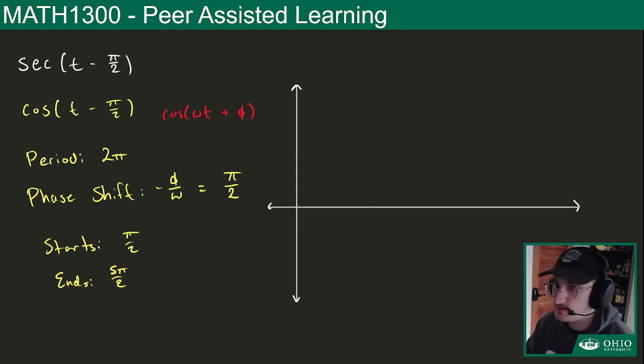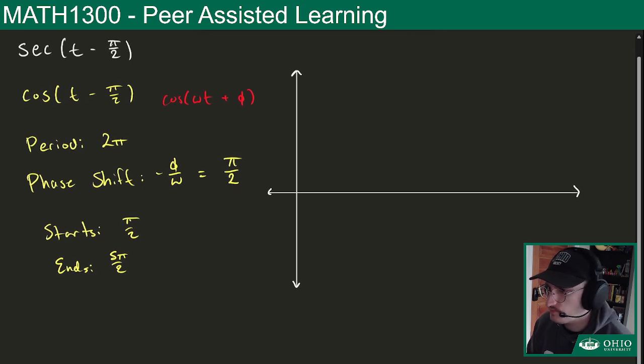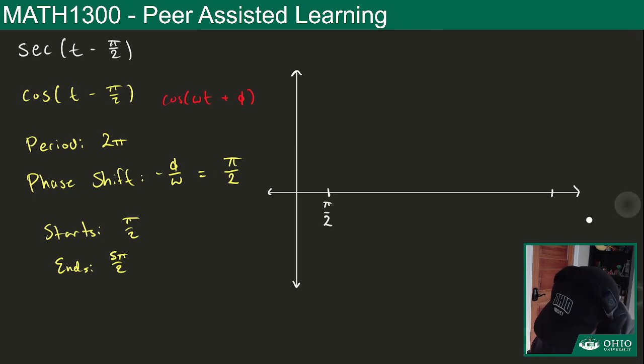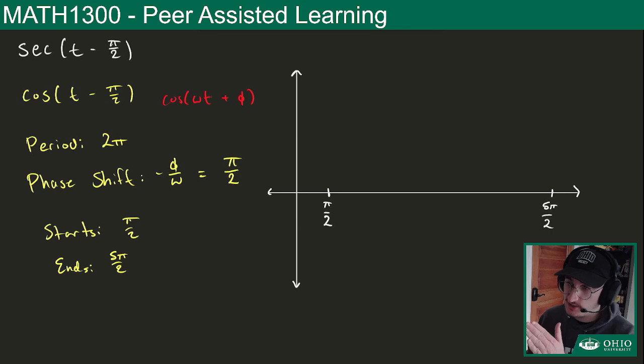Now I want to place my starting point, pi over 2, and my ending point, 5 pi over 2. Again, these tick marks might not be super accurate, but what we want to keep in mind is that the values of interest for cosine occur at intervals of 1/4 the way along the axis.